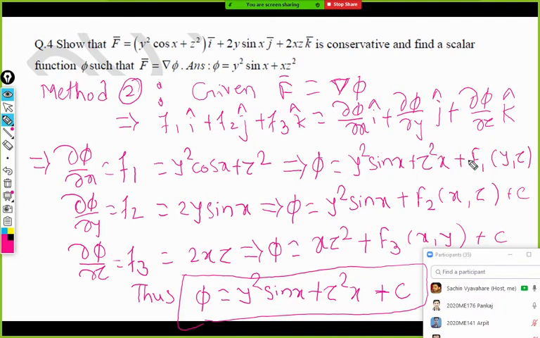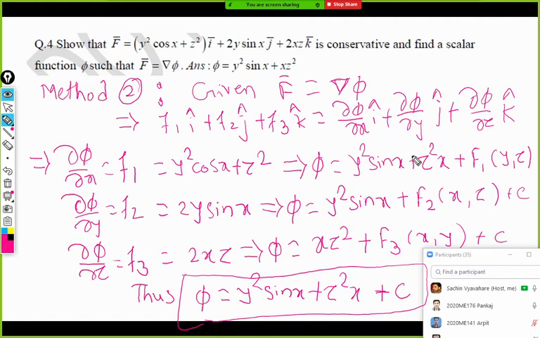For equation number 1, the constant of integration is f1 of yz. Now look for a term of only y and z. Is there any function of yz here? No. So function of yz is 0, and that becomes your answer.